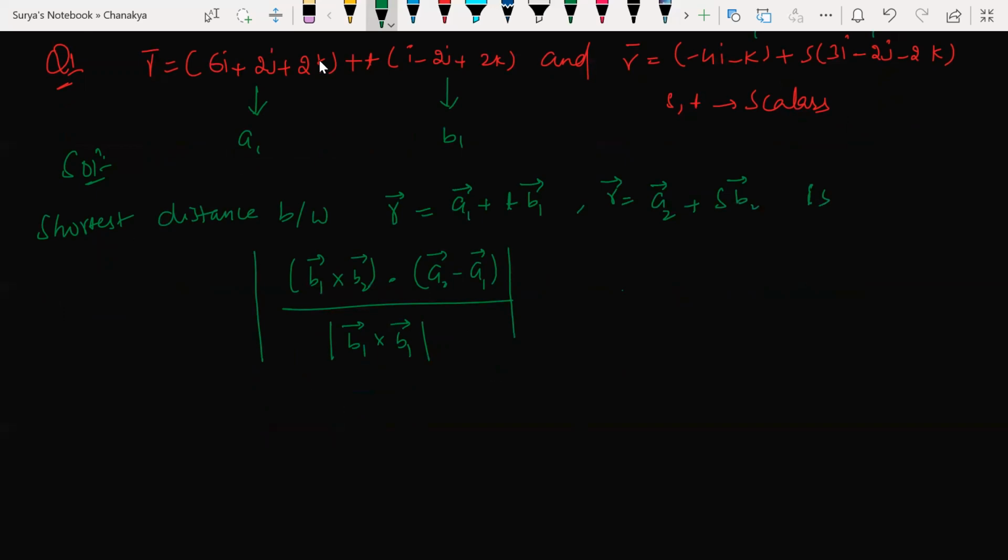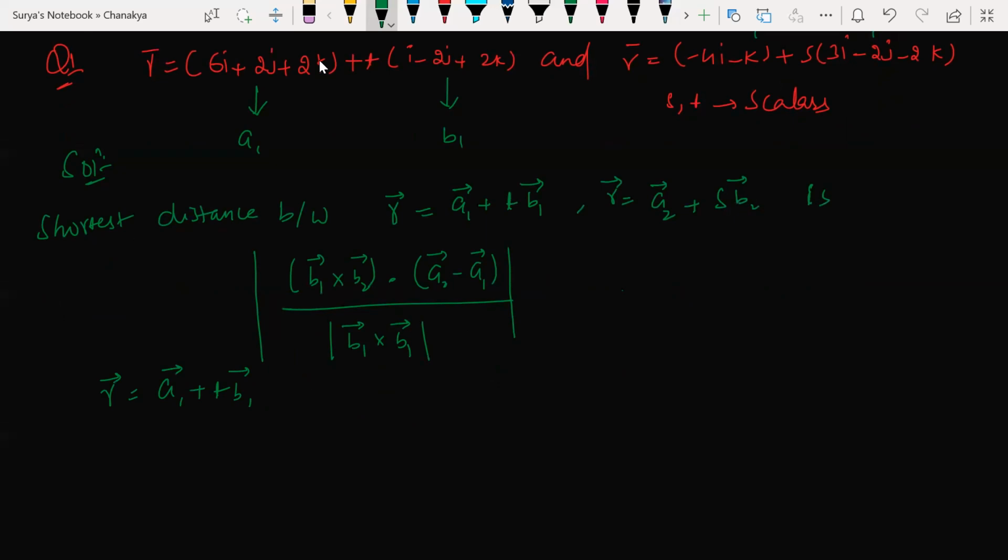Here we took the first line as a1 plus t b1. So what is a1 here? a1 vector is 6i plus 2j plus 2k.